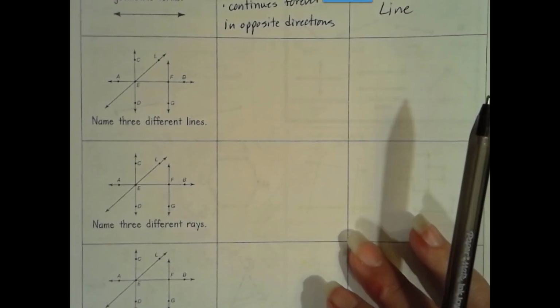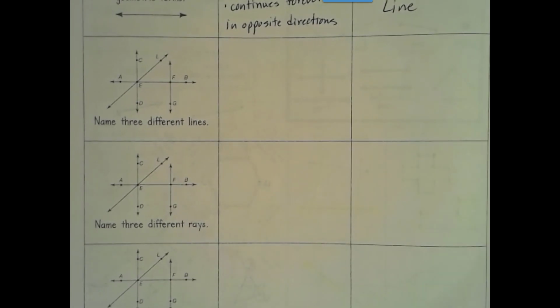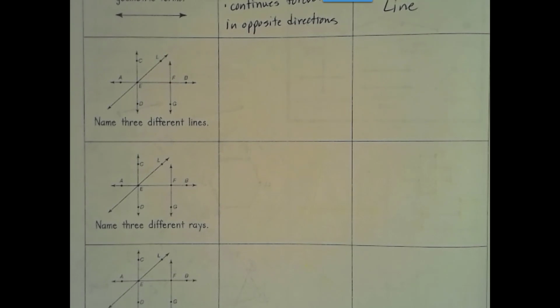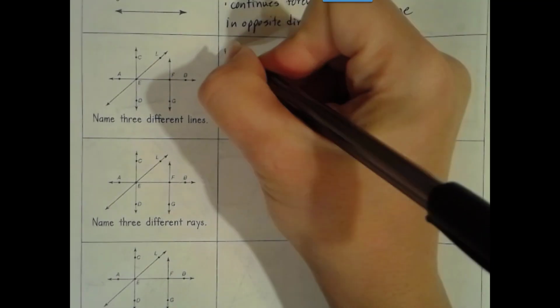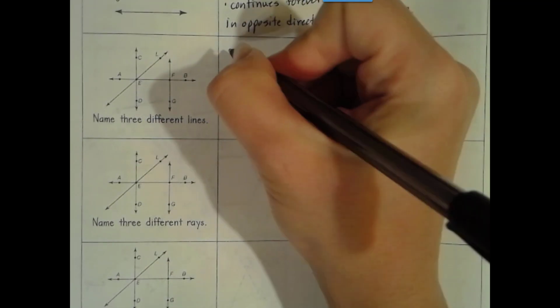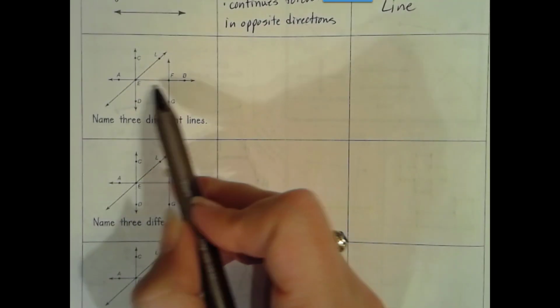All right, now we're going to be naming lines, rays, and line segments. To name a line, usually we use 2 points. So I'm going to show you just different ways you can name a line. First line we're going to look at is this one right here. That goes on forever.